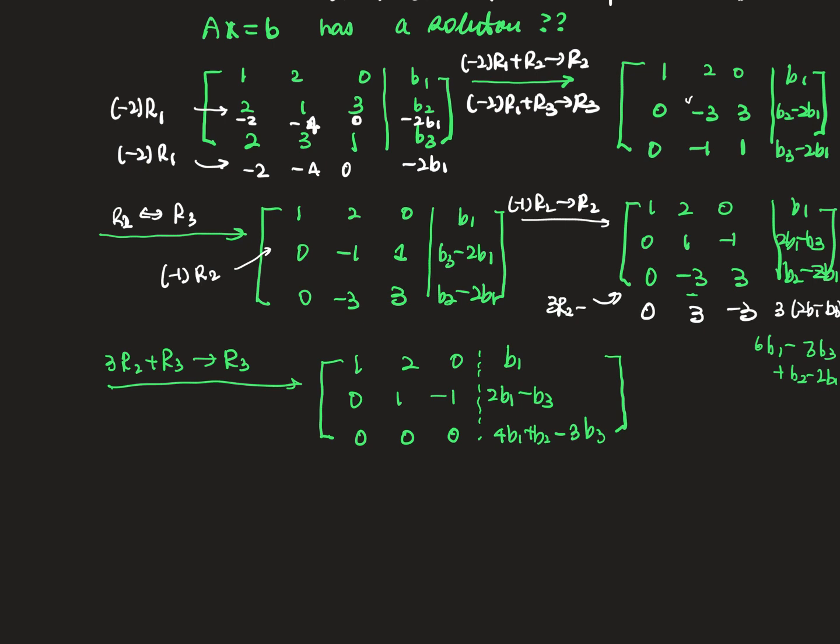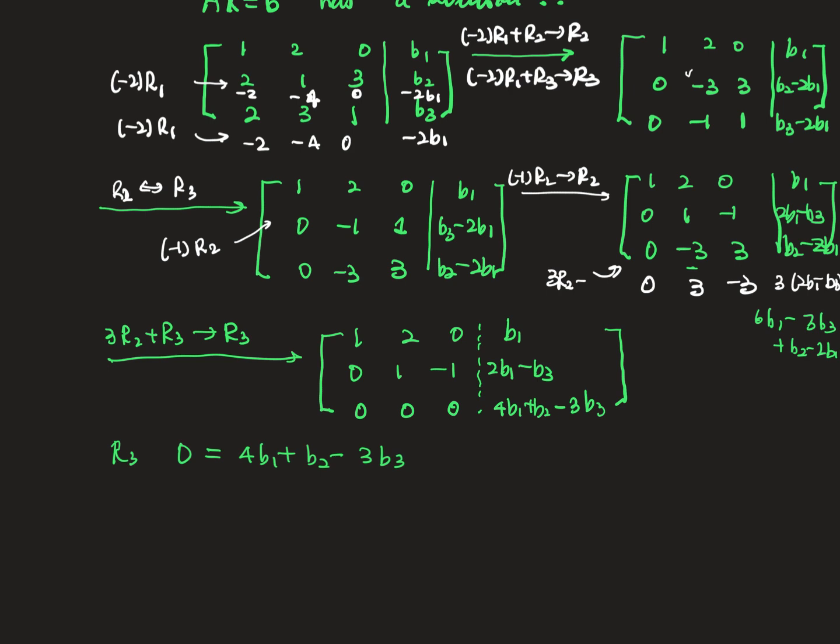See the last row, R3: 0 equals 4B1 plus B2 minus 3B3. This one can be 0. It depends on the B values, right? So you're going to say this system of equations has a solution depending on the B values, okay?